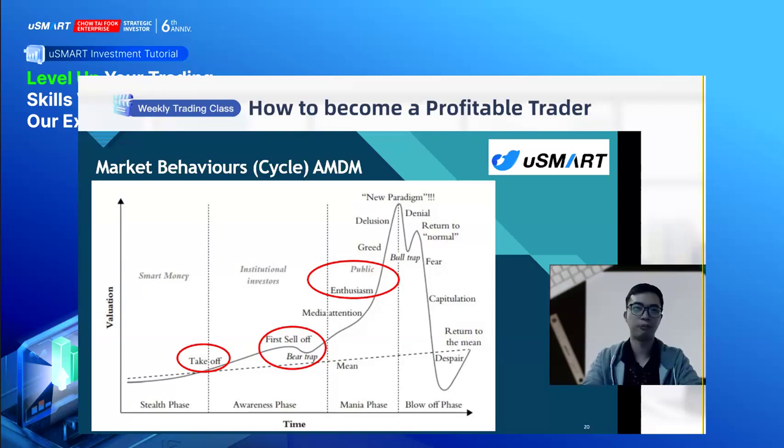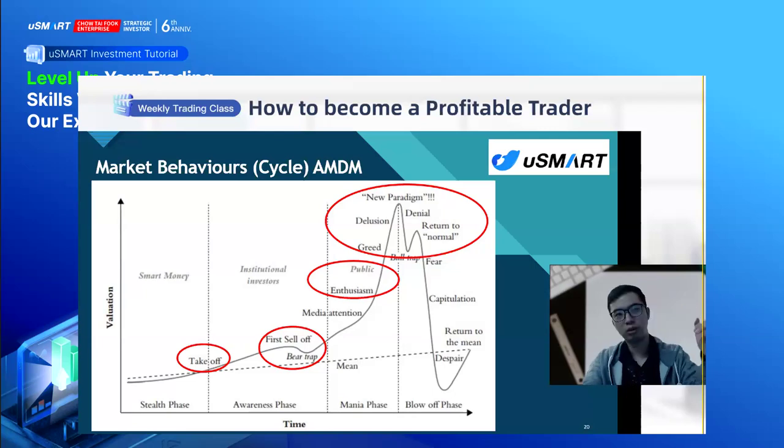However, as time goes, it can go even further. Greed, delusion, and new paradigm. And people will say, oh, it can go to the moon, like Bitcoin will go to the moon.